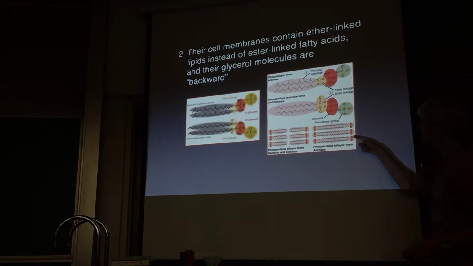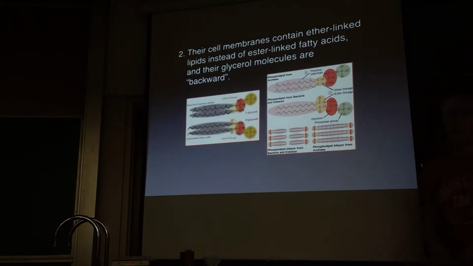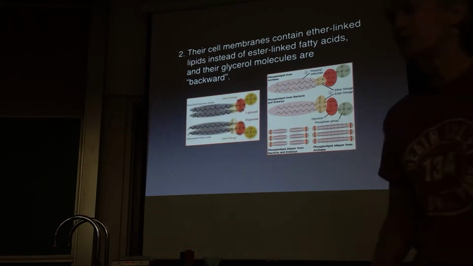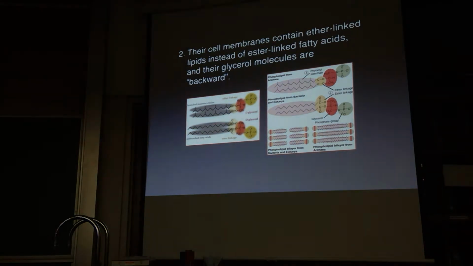They've got a phosphate group here and a phosphate group here, and these lipids are attached all the way across. So instead of having a bilayer, you have a monolayer. They don't all have that, but some of them do. So generally, cell membranes of archaea are very distinctly different: different glycerols, different types of lipids attached, and a different type of bond holding them on.